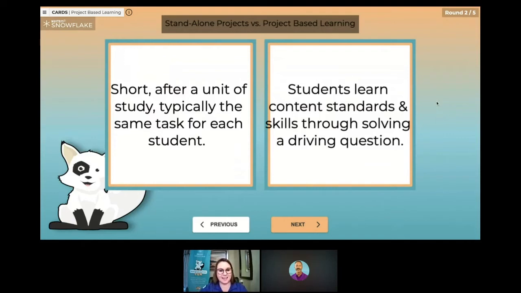And then typically at the end of a project-based learning experience, students have something that they're going to present to a more authentic or real-world audience. As opposed to presenting just to their classmates, they might present to people within their community, be it at the school or local community, or an organization that's related to the content that you're teaching.